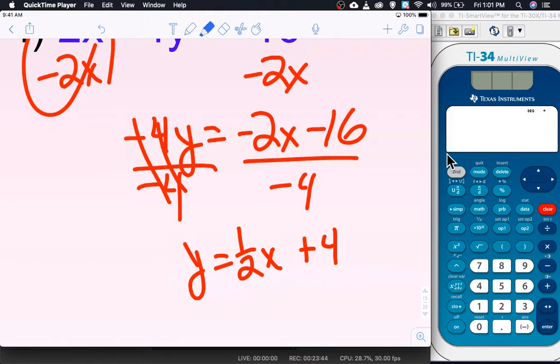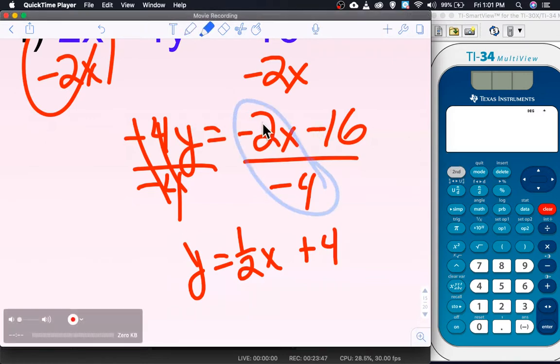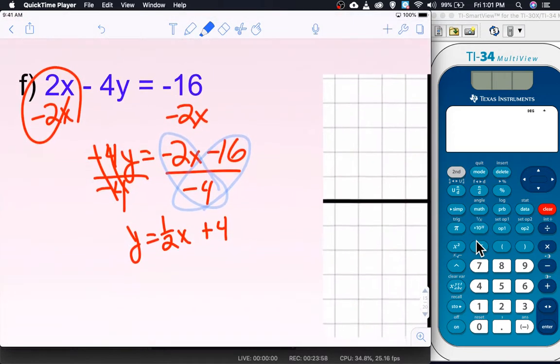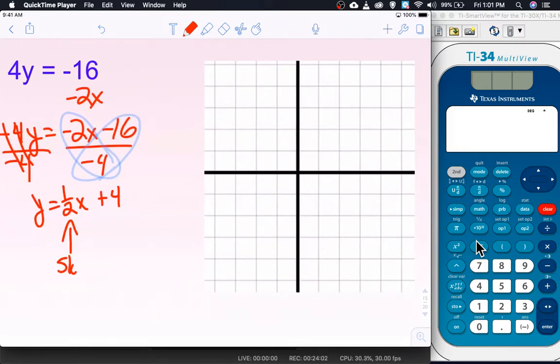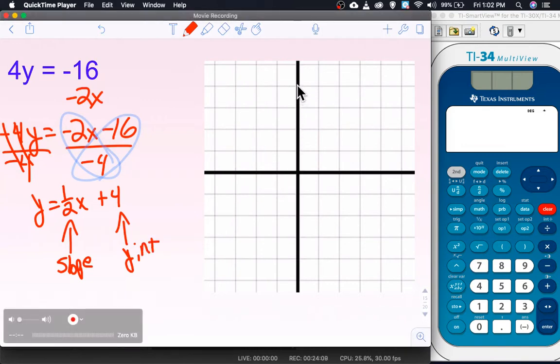The 1/2 comes from this, that is -2 divided by -4 is 1/2. And then the +4 came from that. -16 divided by -4 is +4. We now know that our slope is 1/2, our y-intercept is 4, so I go up 4 on the y-axis, boom, and then I move with a slope of 1/2, which means up 1/2.